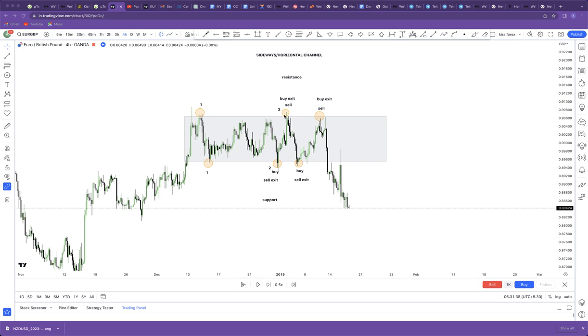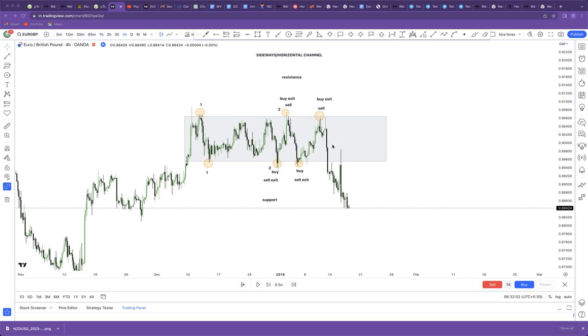Once you buy, then you take your profits at the what? The sell, where you'll be exiting your buy trade on the resistance. Then you sell again, and then you take your profit at where you will be buying. And then when you finish taking your profit, then you buy again.